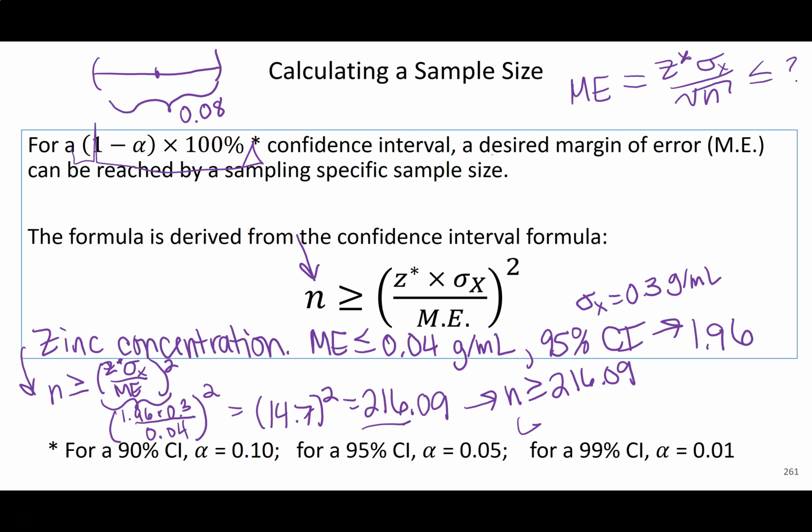So sample at least 217 river locations. So we need to take a sample of at least 217 river locations to ensure that we get a 95% confidence interval that is no wider than its margin of error being 0.04 grams per milliliter.